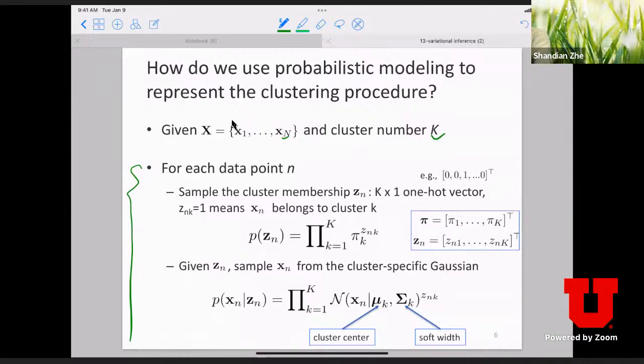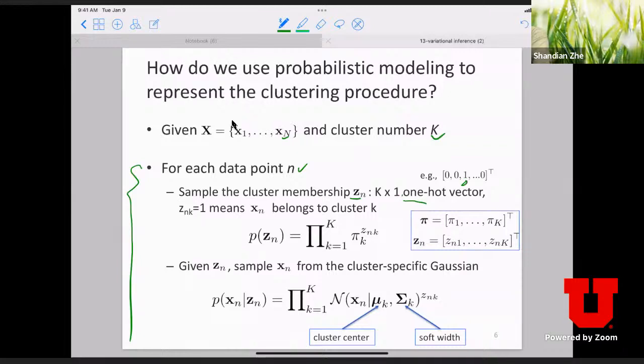So in our probabilistic modeling, to sample each data point n, we're going to first sample the cluster membership Zn. Since we know the total number of clusters is k, Zn is essentially a categorical variable, which is represented by a one-hot vector. Remember, a one-hot vector is a vector full of 0s except for only one element, which is 1.